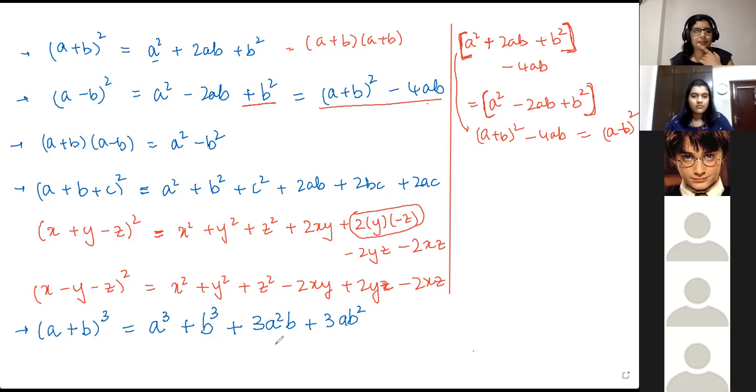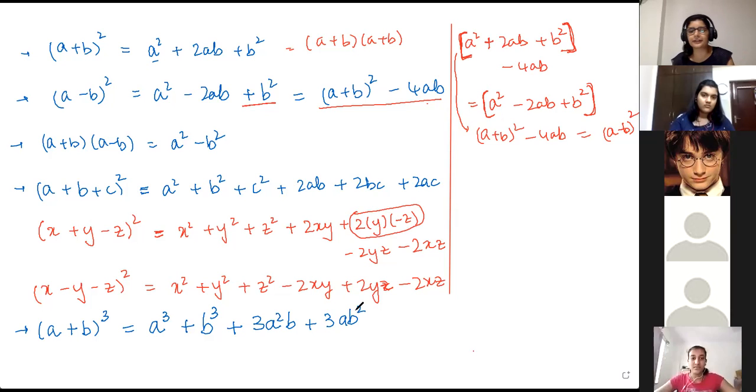Clear? In the identities it's written A cube plus B cube plus 3AB in brackets A plus B. Yeah, that is another way of writing it. So this is the complete expansion. Another way of writing how you get that: A cube plus B cube will remain as it is. Then in 3A square B, 3AB square, 3 is common, A is common, B is also common.